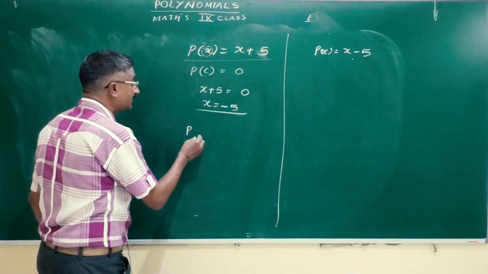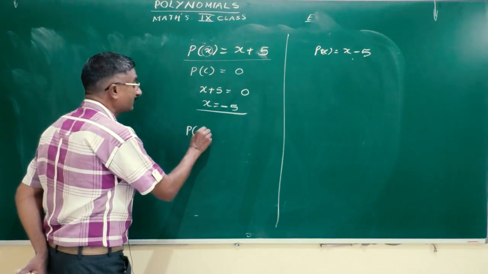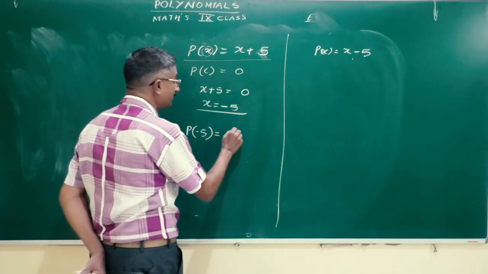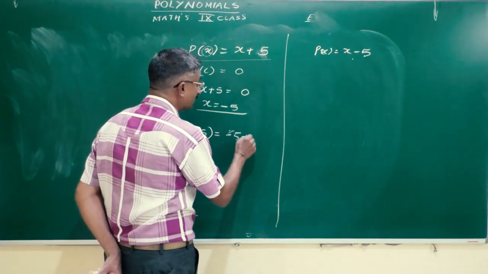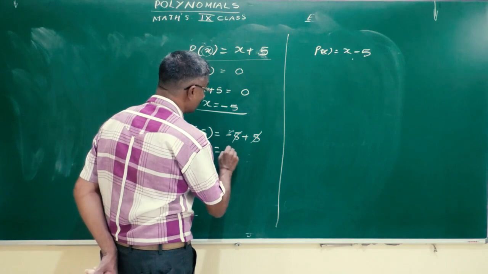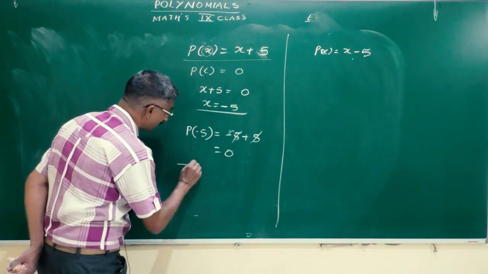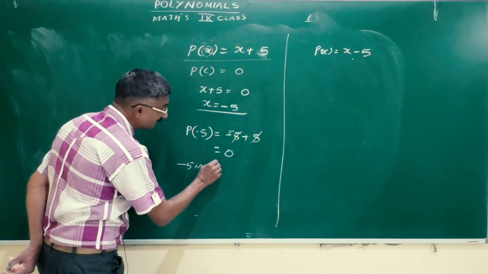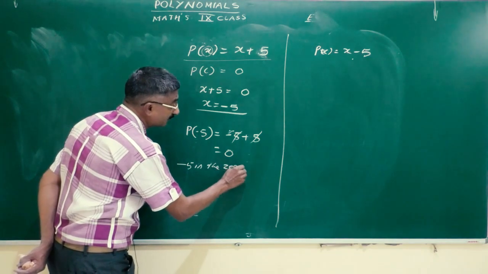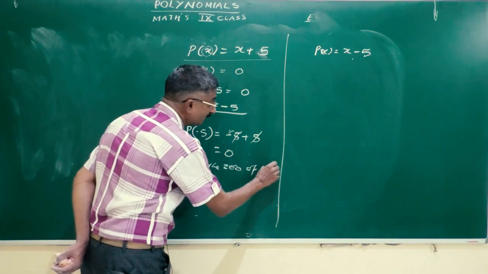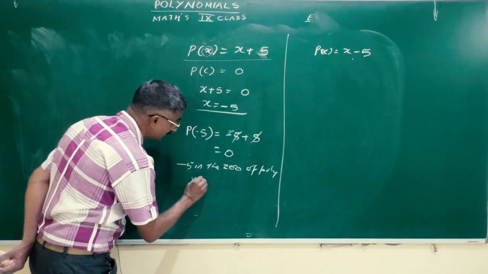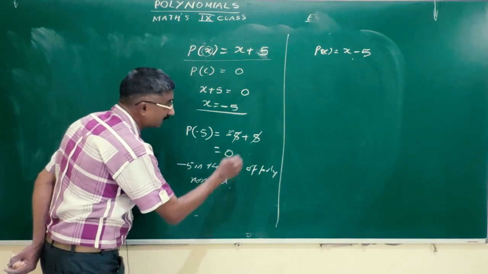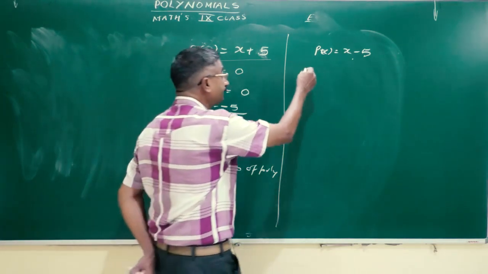So that is the zero of the polynomial. We can check it: P of minus 5 is equal to minus 5 plus 5. So this is cancelled, so this is 0. Means minus 5 is the zero of the polynomial.